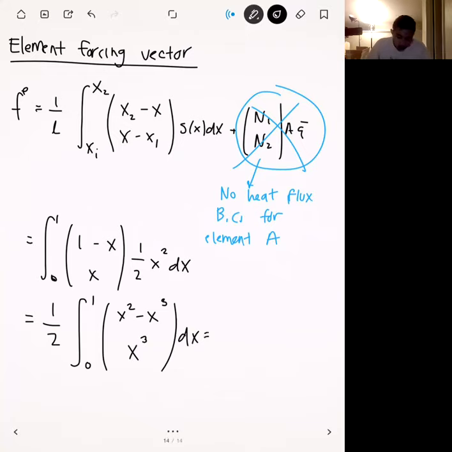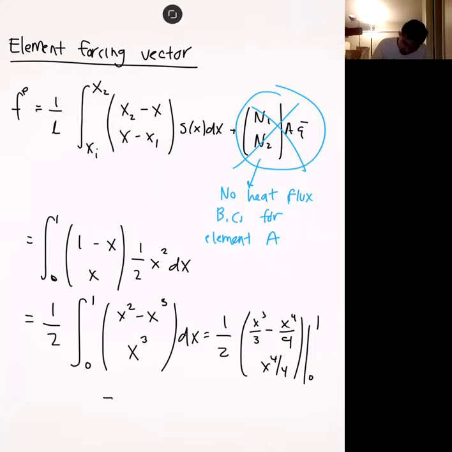All right, and so we perform this integration, and what we get is x cubed over 3 minus x to the 4th over 4, and then x to the 4th over 4 down here, evaluated from 0 to 1. And so we perform that math, and what we get is 1/2 times 1/3 minus 1/4, which from my calculator tells me that that's 1/12.